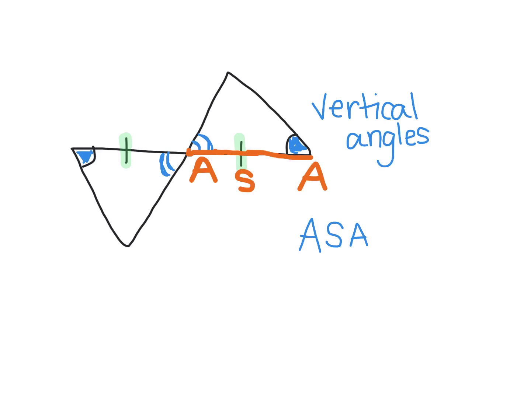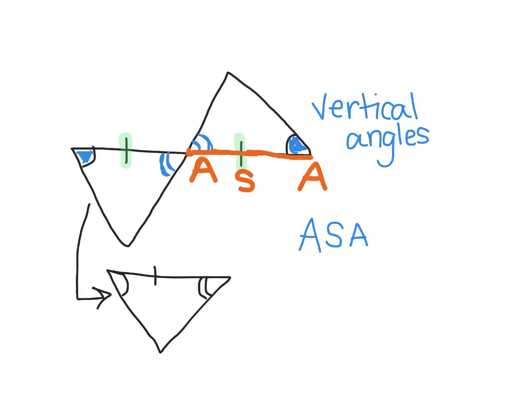I do want to show you another way to look at this. I'm going to redraw just one of these triangles because I know that sometimes it's hard to identify which postulate we're looking at. So I just redrew this triangle right here.